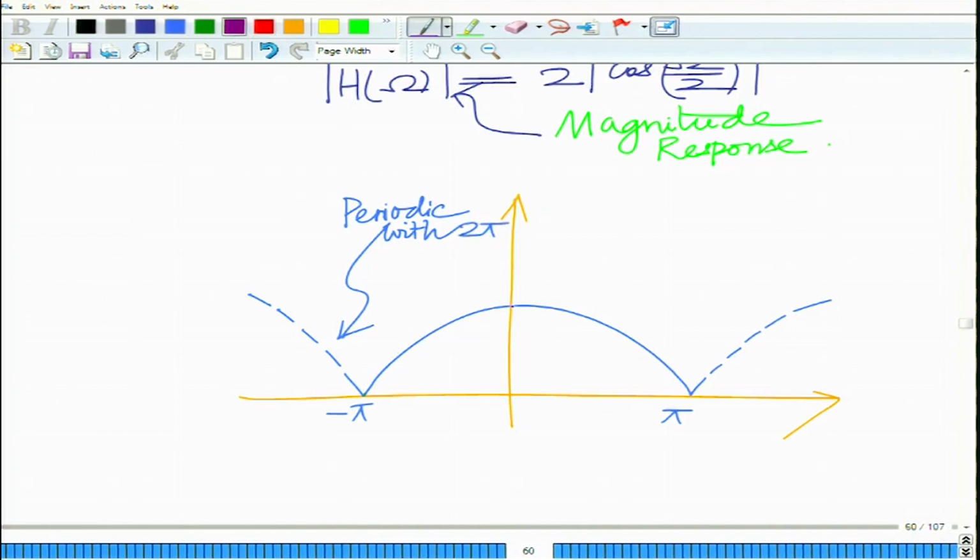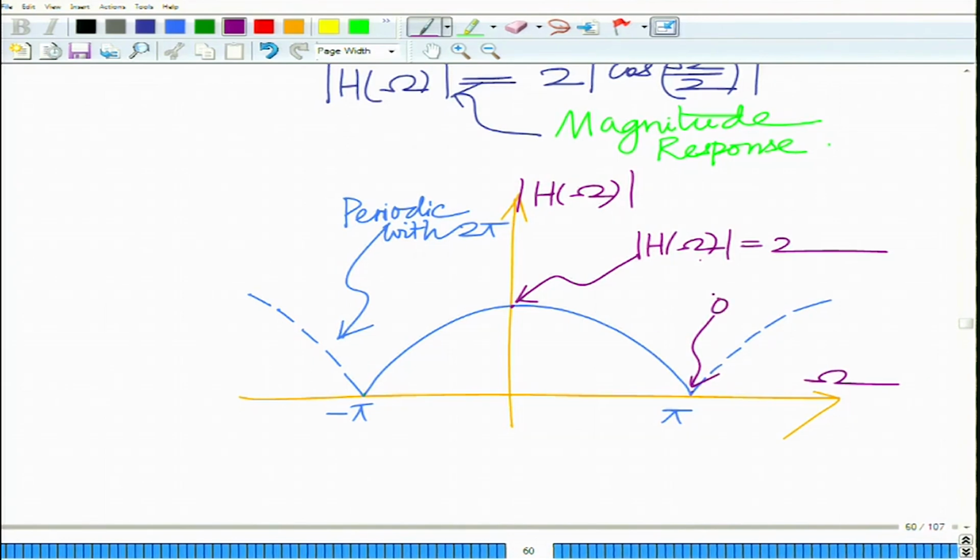Okay. And this is the peak, you can see magnitude H of omega equals 2. So, this is a plot for magnitude H of omega, and this is omega. Okay. Here it is 2, here it is 0. So, it starts at the maximum at 0 and tapers down, decreases towards minus pi and pi.